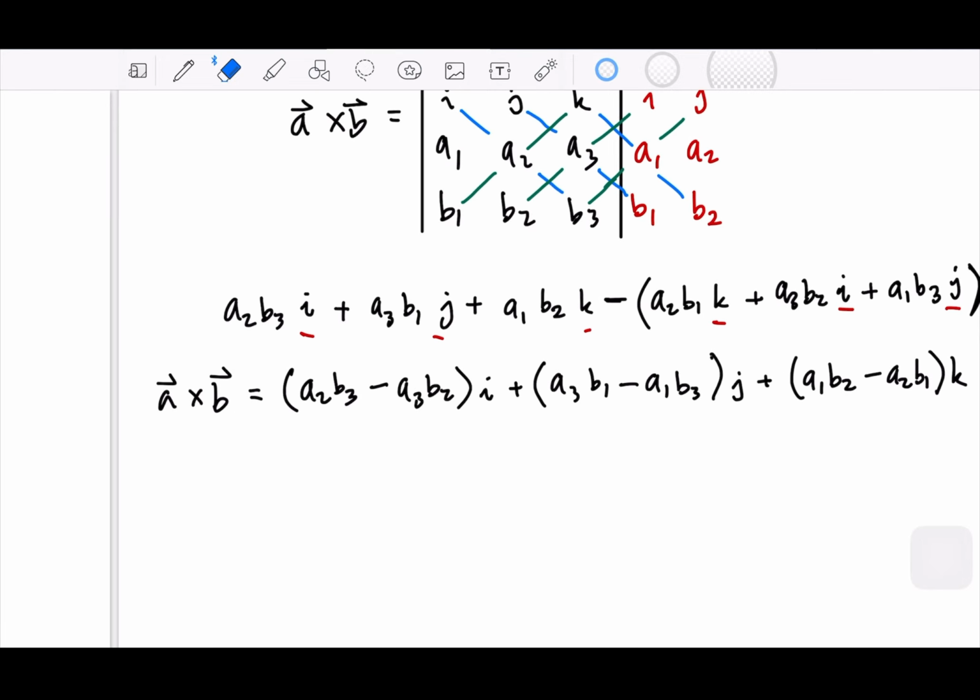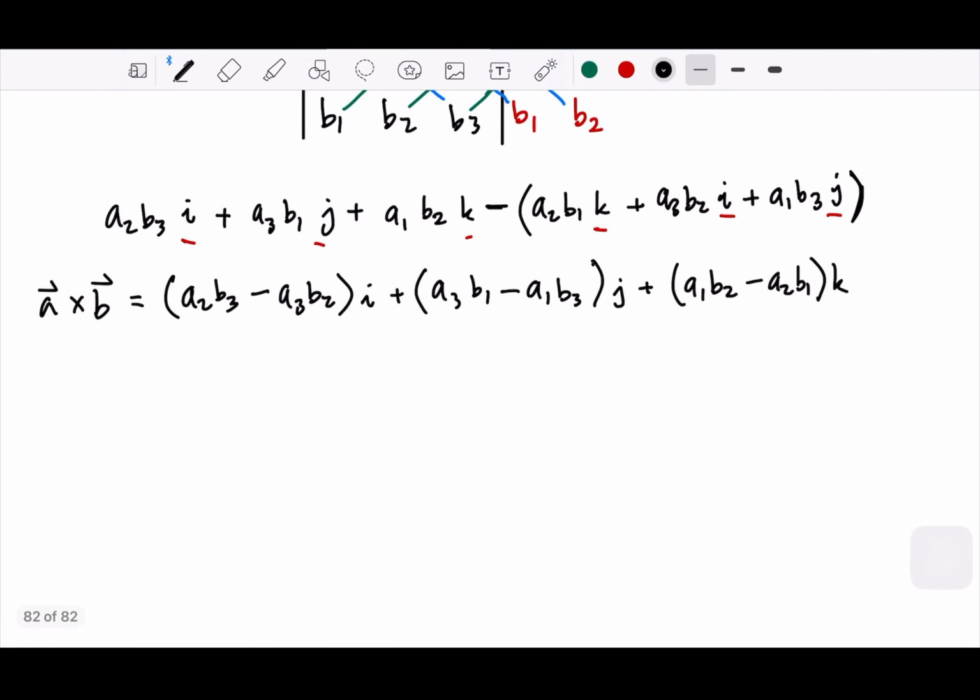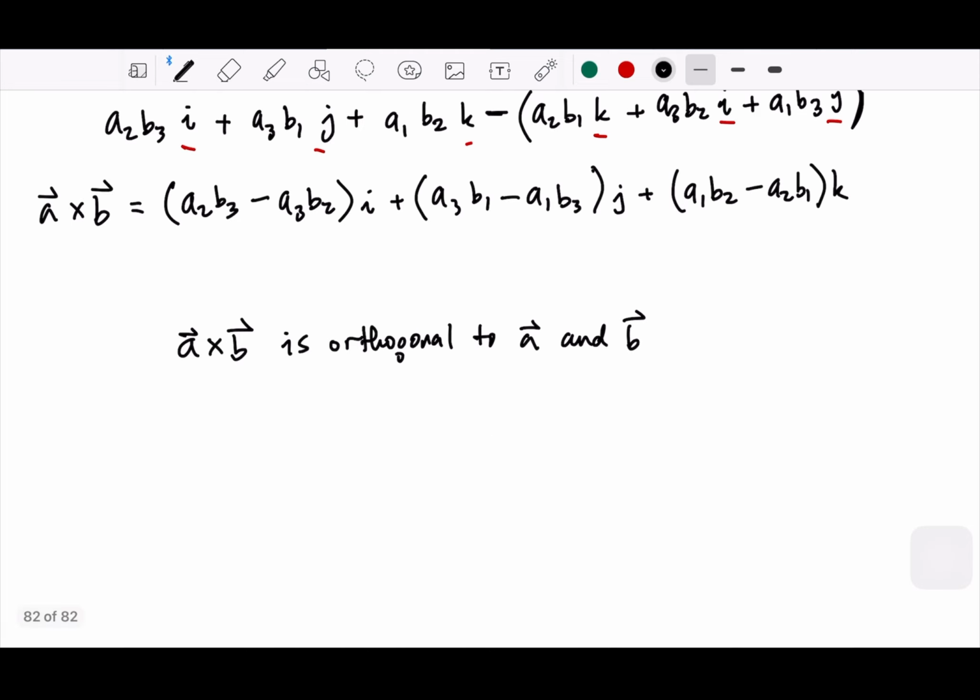So of course, from the definition itself, if we have A cross B, we can say that A cross B is orthogonal, based on its own definition, to vector A and also vector B. So we can represent the vectors, for example, if this is A and this is B. Let me draw more clearly.